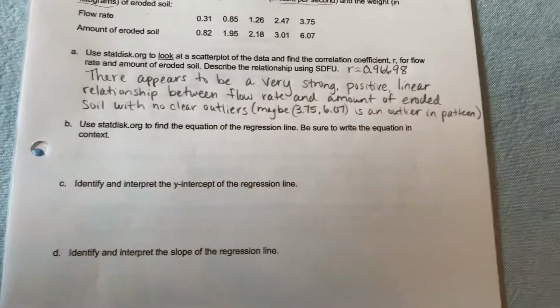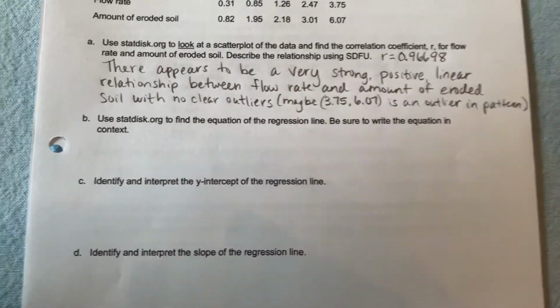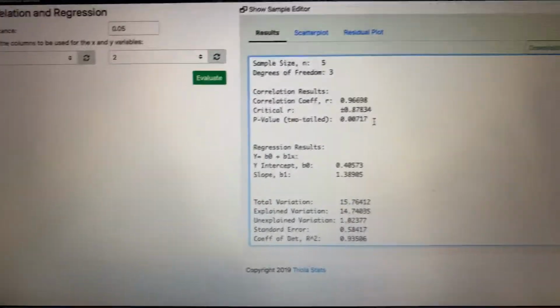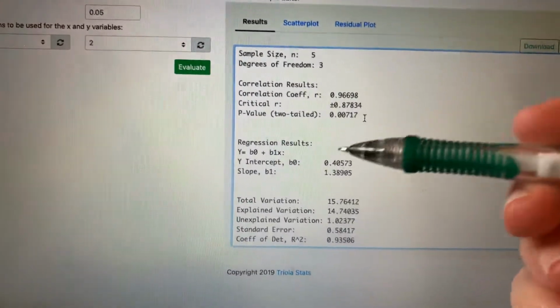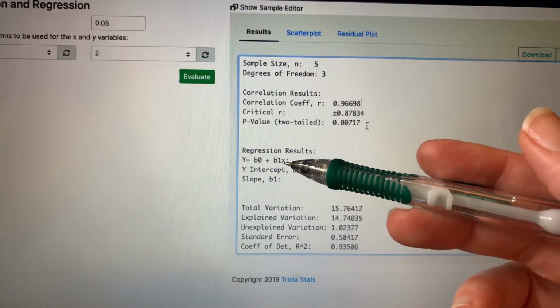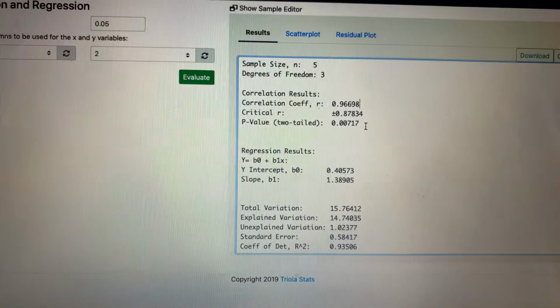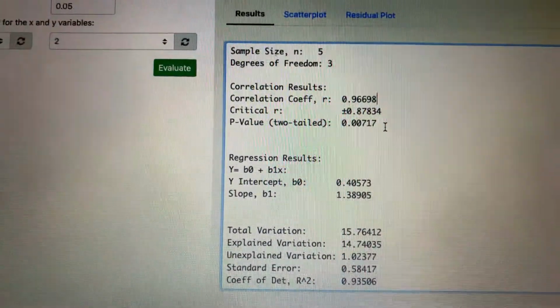So part B says use StatDesc to find the equation of the regression line, and be sure to write the equation in context. We've already done the correlation and regression analysis on StatDesc, so we just need to look at our results here. So remember, B0 is the y-intercept, B1 is the slope. First we want y hat. Remember, y hat is the predicted y.